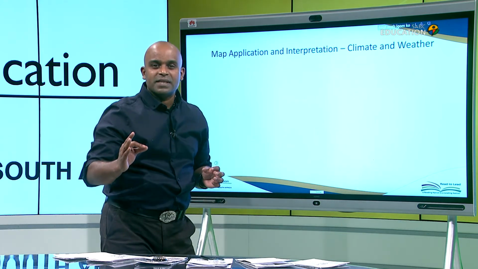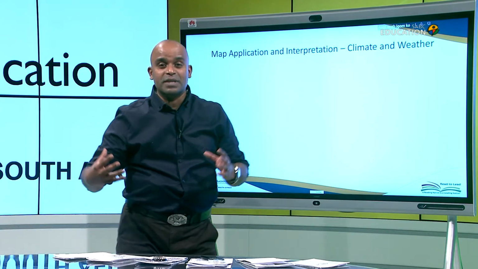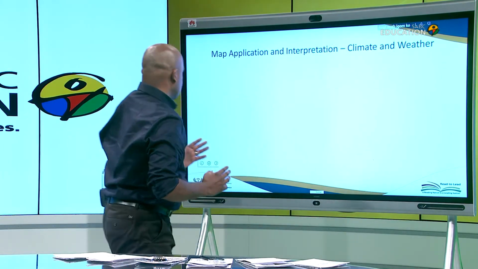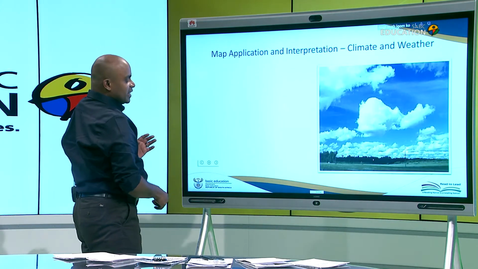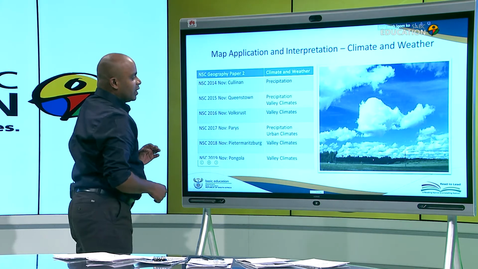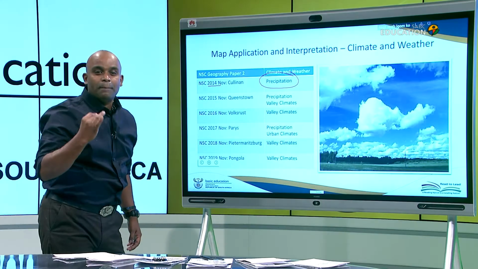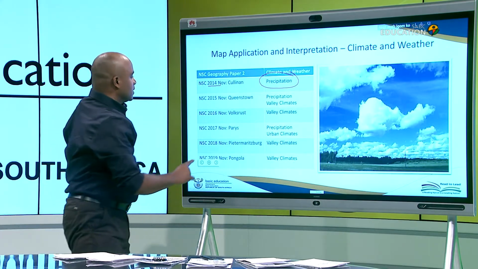So let's make a start with the application of climate and weather on maps and what has been examined from 2014 right up to 2019 and where the emphasis was. In terms of climate, you'll note that in 2014, precipitation with special emphasis on the type of rainfall on the map of Cullinan was examined.